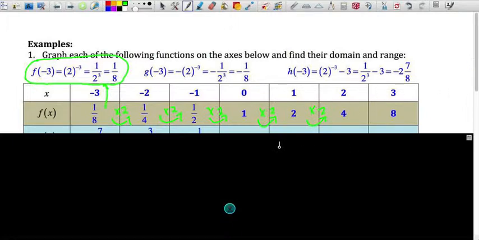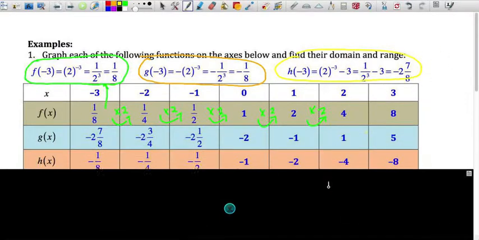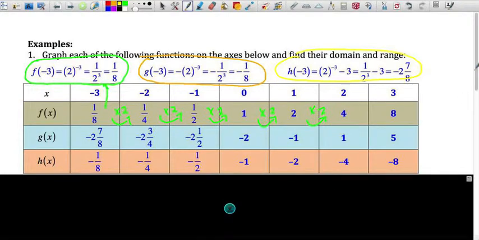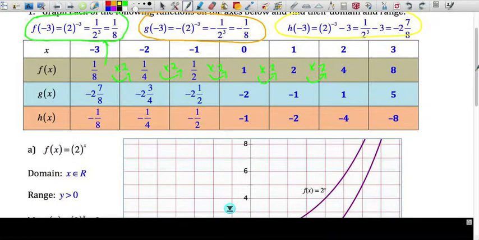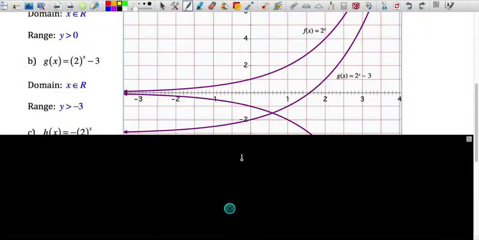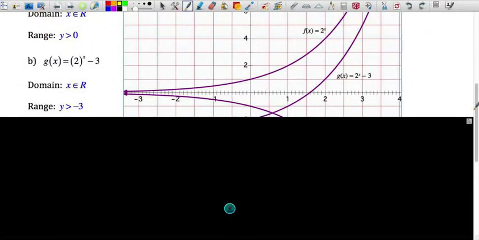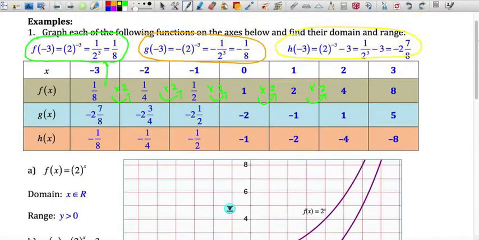Okay, and so using the same approach, if we look at the g of x function and the h of x function, which I'll highlight in yellow. Our f of x function, and our g of x function was 2 to the power of x minus 3.